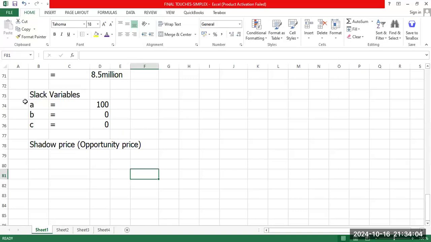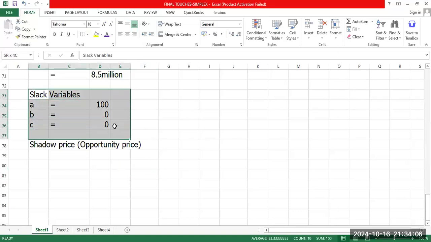Remember, from what you have identified above, you have unutilized, you have also the resources that were fully utilized.